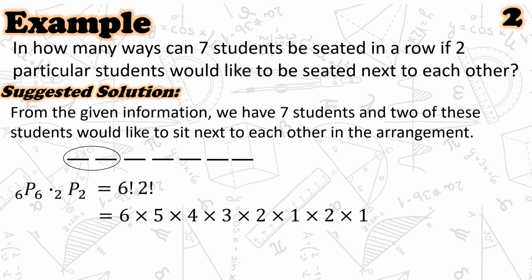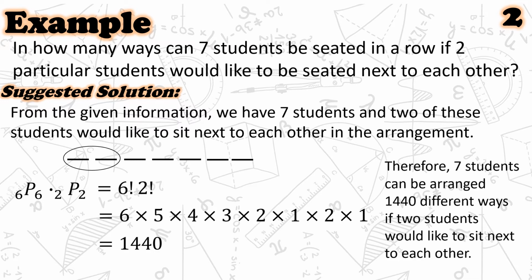And 6 factorial is the product of the integers from 6 down to 1. Also, 2 factorial is the product 2 times 1. Then we have 1,440. 7 students can be arranged in 1,440 different ways if 2 students would like to sit next to each other.